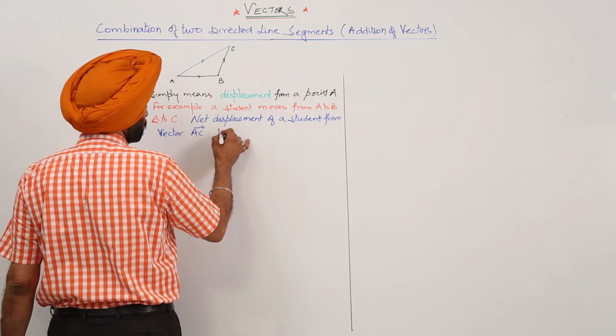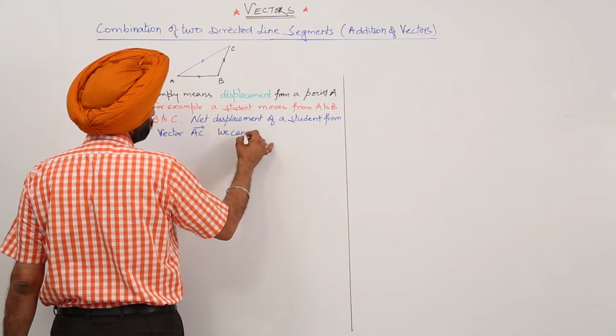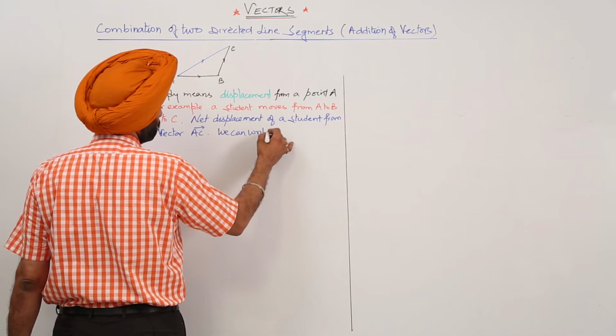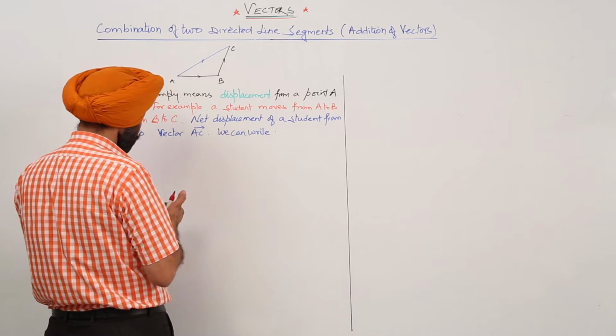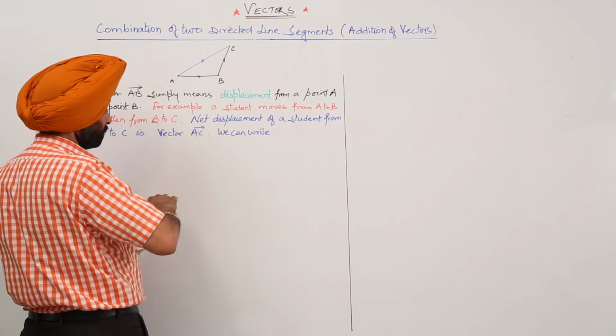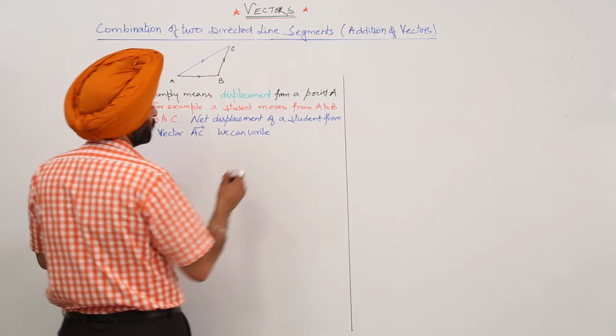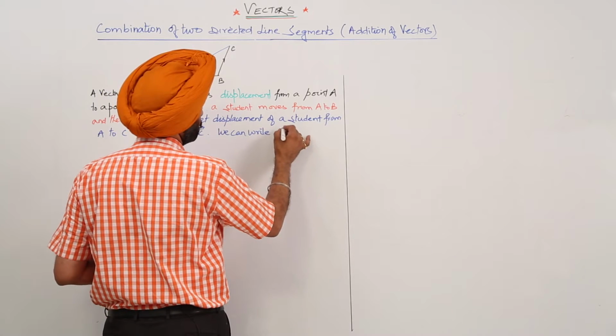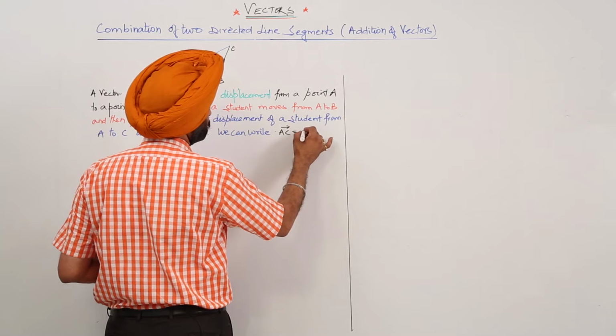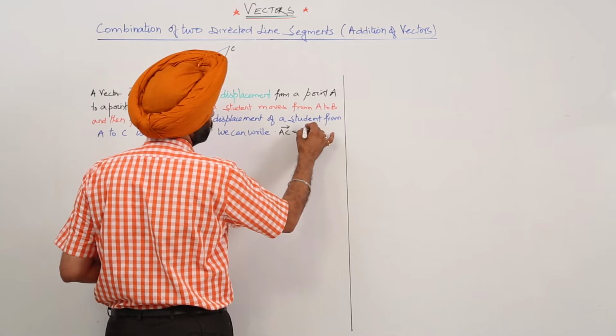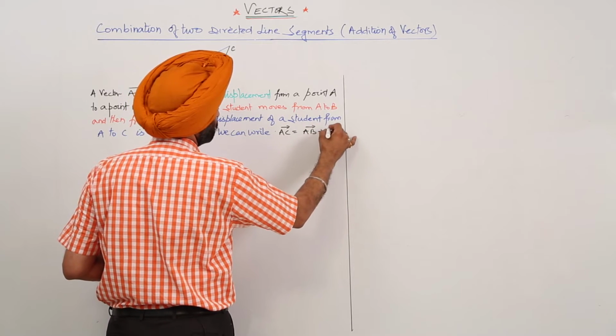Or we can write here vector AC is equal to vector AB, then a symbol, then vector BC.